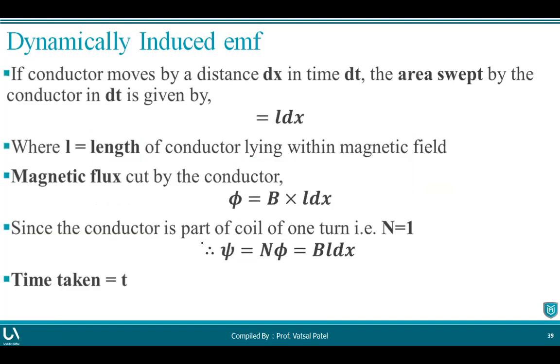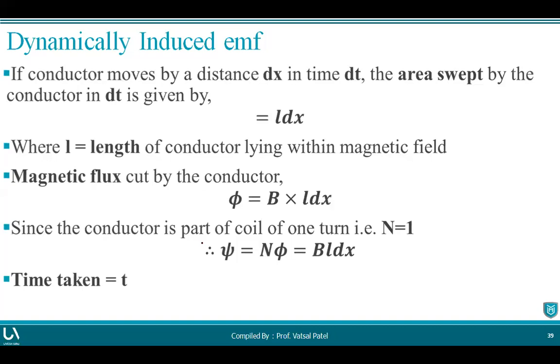You have to consider that the conductor moves by a distance of dx in a time of dt. So we identify the distance and the time here, which are dx and dt. Whatever the area swept by the conductor in this dt time is equal to L into dx.